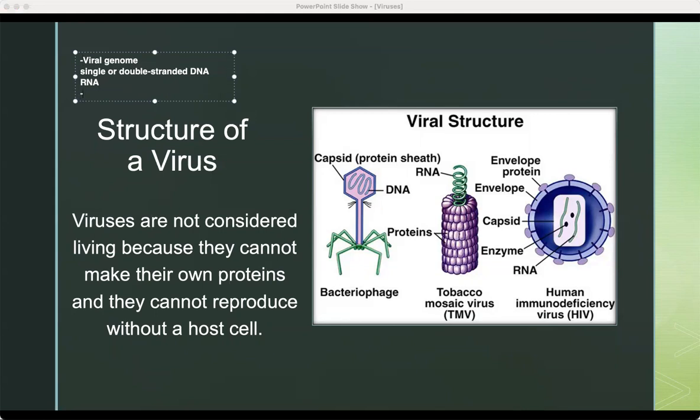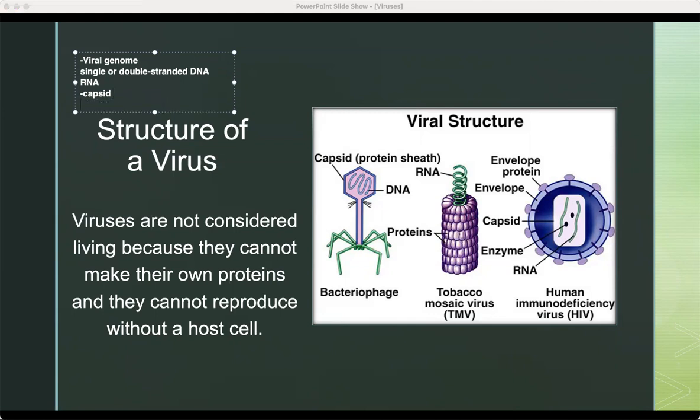Now, another component of a virus is the capsid, which is the protein sheath that is covering the genetic information. So you can kind of think of it like a cell wall, but it is not the same structure as a cell wall.